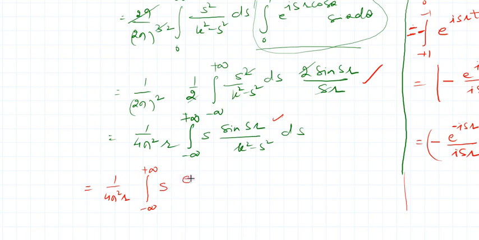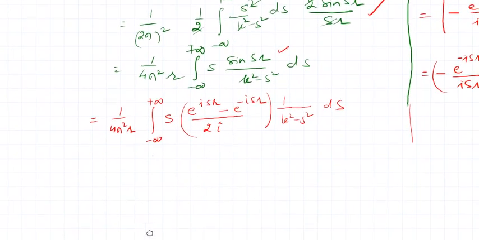In exponential form it can be written as e raised to iota sr minus e raised to minus iota sr divided by 2 iota. This is the value of it, and k square minus s square as it is, and ds. So I put its value. Now proceed further.